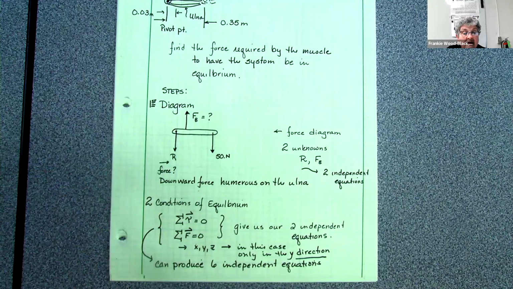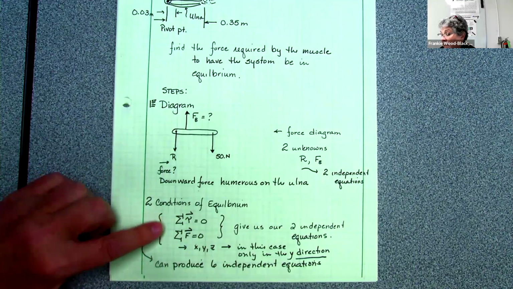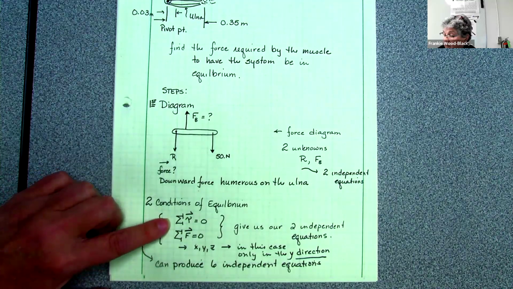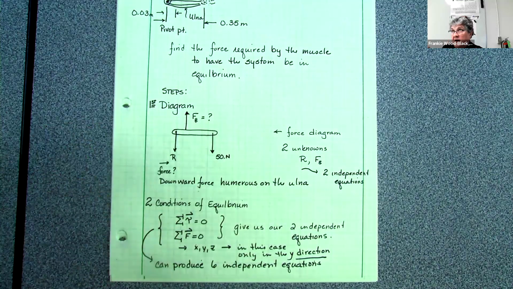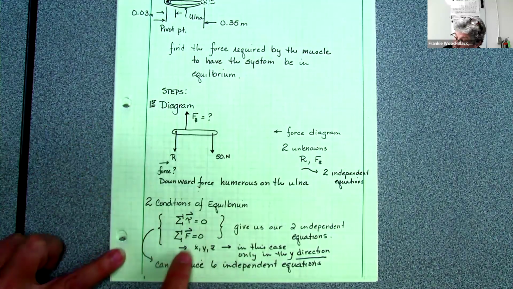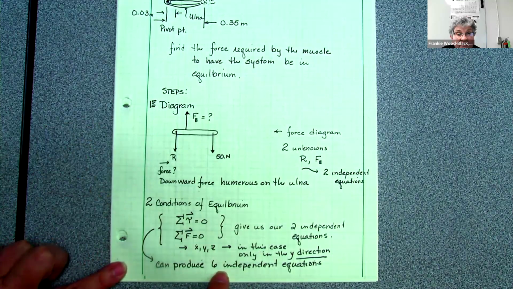Those are vector quantities, and I can have this as a rotation around this point. I can have it as a rotation that comes out of the page. I can have it as a rotation around the X, Y, or Z axis. So I can have up to 6 independent equations for this.